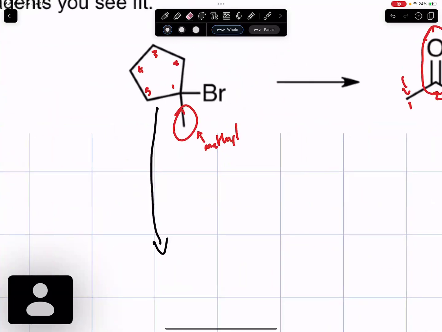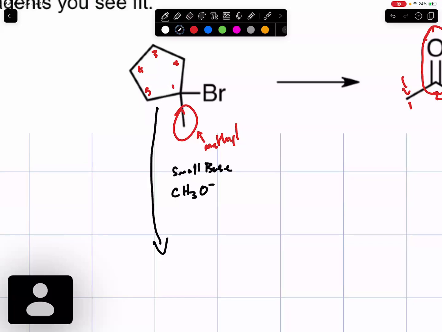All right, let's use a small base. What kind of small bases do you know? NaOH is fine. Methoxide is fine. Any small base you can think of would be fine. NaOH is good. What's even better is methoxide.